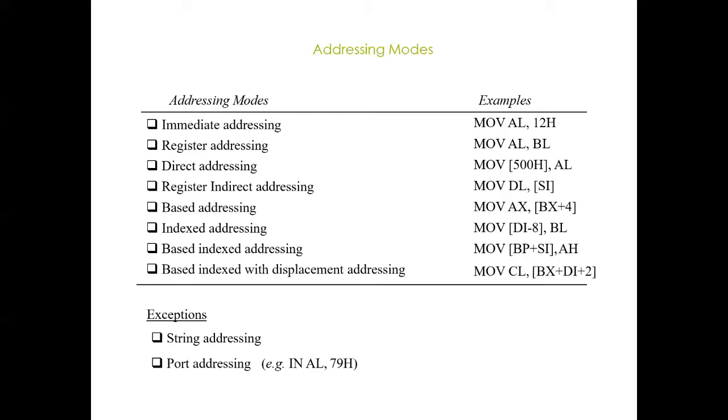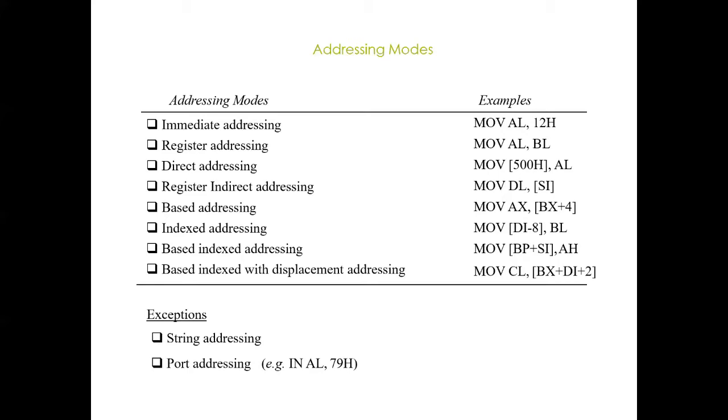Next example, MOV AL, [BX plus 1346H], an example of 16-bit displacement. If BX is 0301, the offset will be 0301 plus 1346, which is equal to 1647H. The content of 1647H will move to AL.